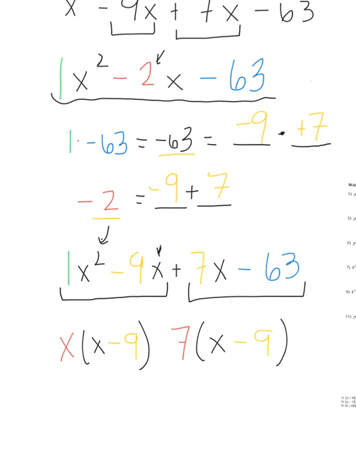You can double check your work because if we have 7 times x and 7 times negative 9, that would give you 7x and negative 63, which are the two terms above. If you multiply x times x, that gives you x squared, and x times negative 9 is negative 9x, which gives you the two terms above. So that's a way that you can check your work.